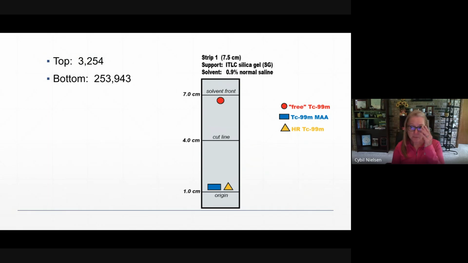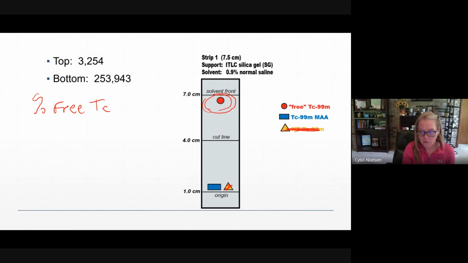And let's say in this problem, we want to know what is the percentage of free tech. Okay, so I have free tech on the top, and just ignore the hydrolyzed reduced. I've got the tech MAA on the bottom. My top counts are here, my bottom counts are here. If I want to know the percentage of free tech, how do I set this up?